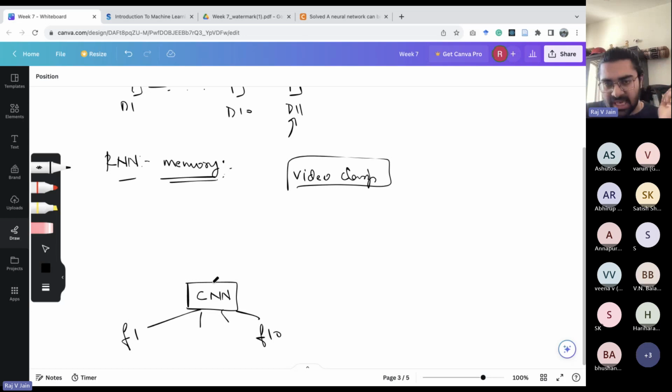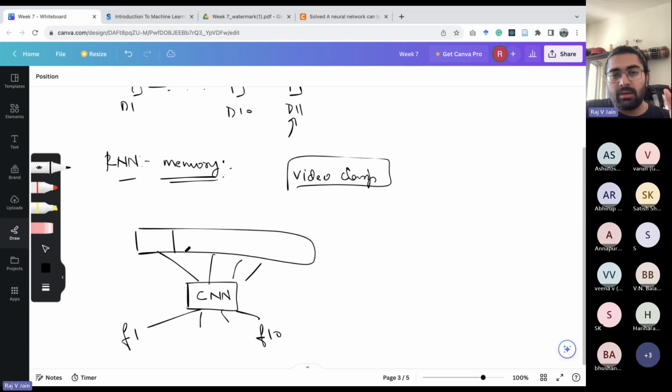You'll pass it through the CNN, and whatever output it gives you, you will pass through an RNN. So the first cell, the second cell, and so on up till the 10th cell. Then whatever the output is, you will use to classify, let's say, whether it's a video of a dog moving or a dog eating, or playing and eating, something like this.